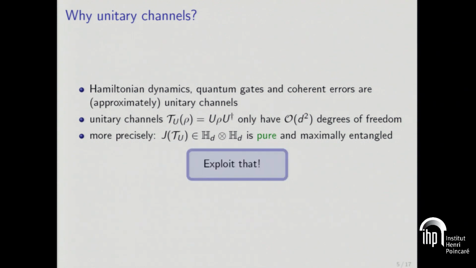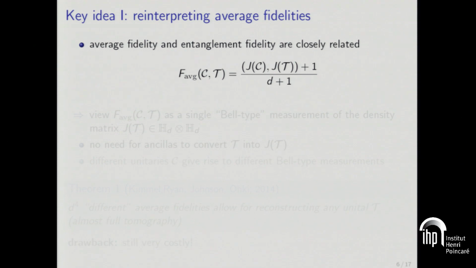Well, let's exploit that, right? Maybe we can reduce the number of measurements required. So this concludes the motivation why I am interested in doing process tomography on unitary channels with average gate fidelities. This would combine a lot of the perks that are here.